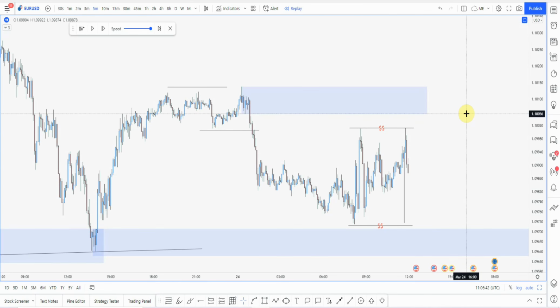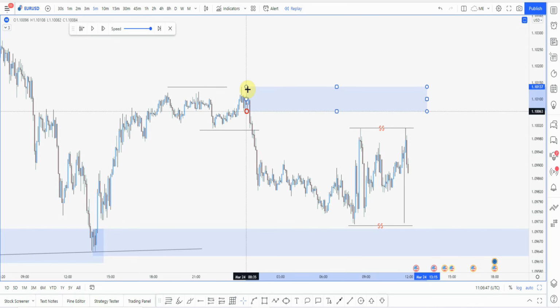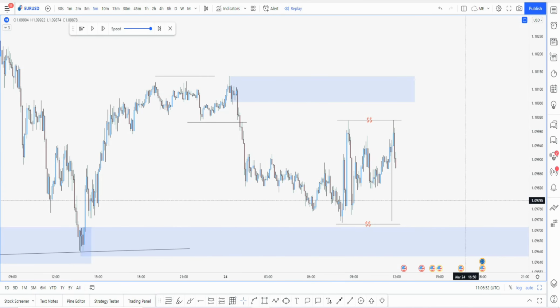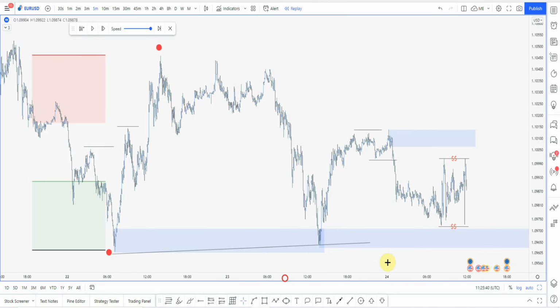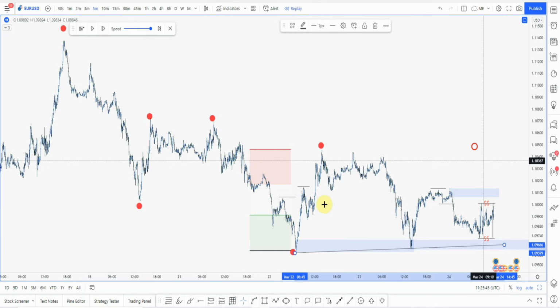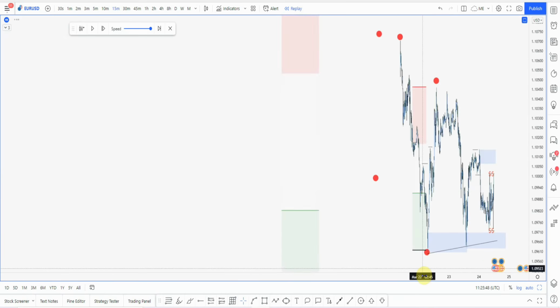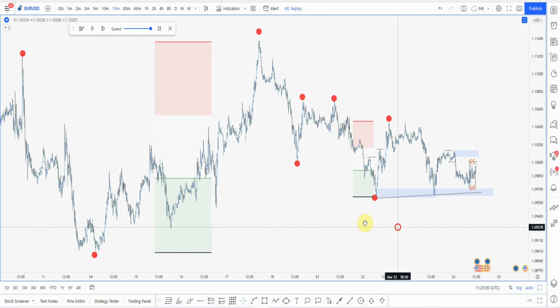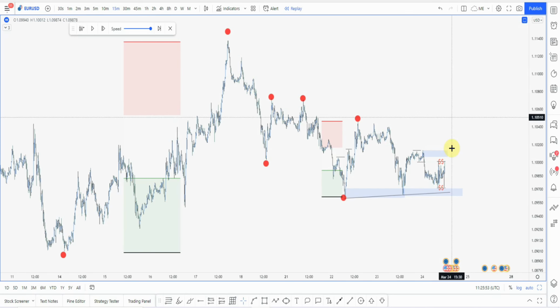And I was thinking the market needs to run these equal lows, okay, also this trend line, and then the market flies to the upside like that.